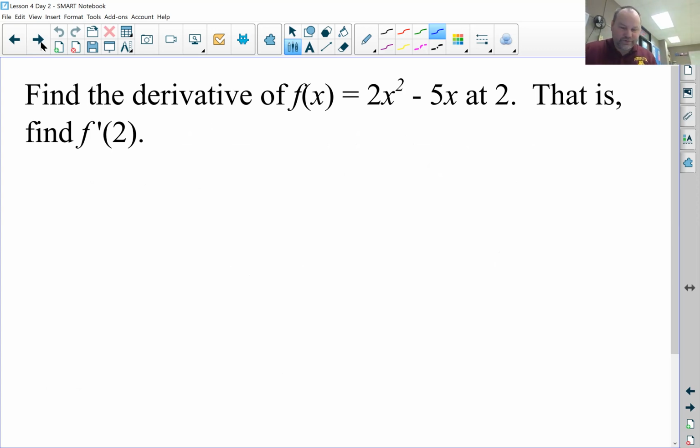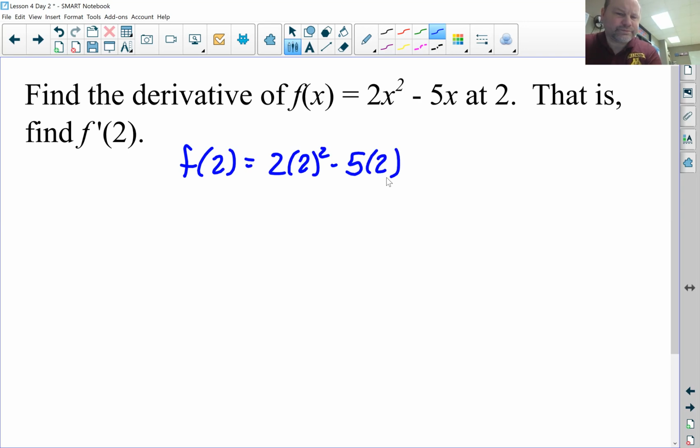That is, find the derivative of f at 2. In order to use our definition, we need to first figure out what f of 2 is. That looks like 2 squared, which is 4, times 2 is 8, minus 10, negative 2.